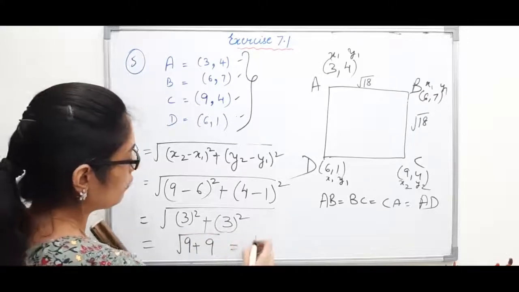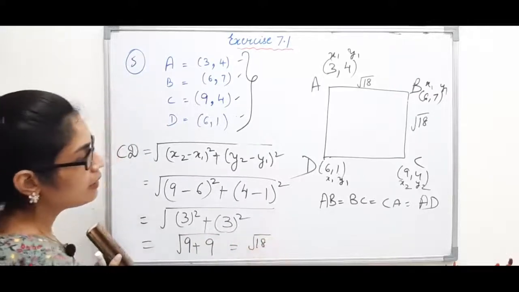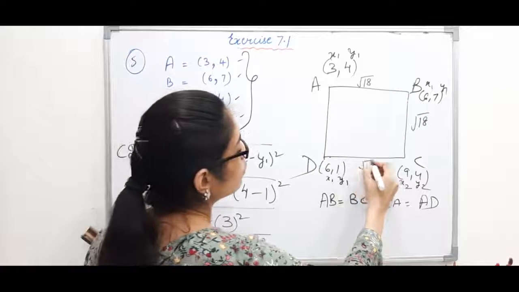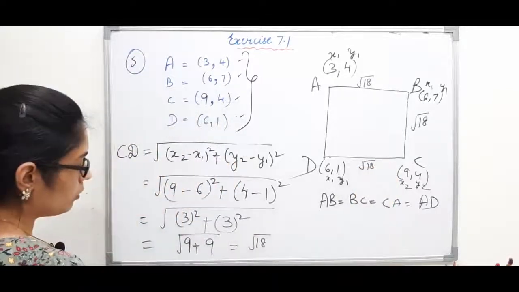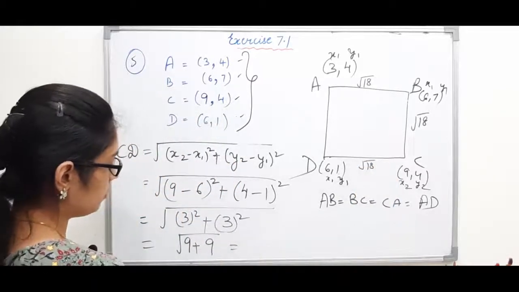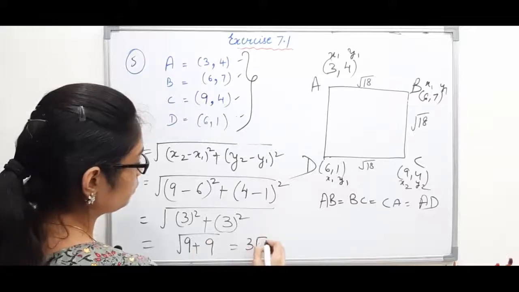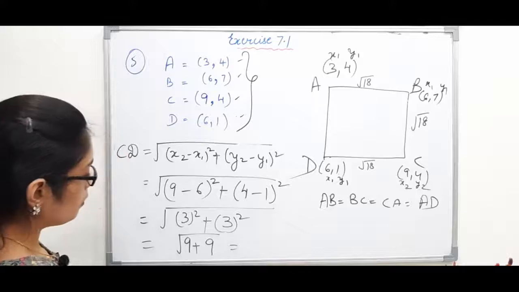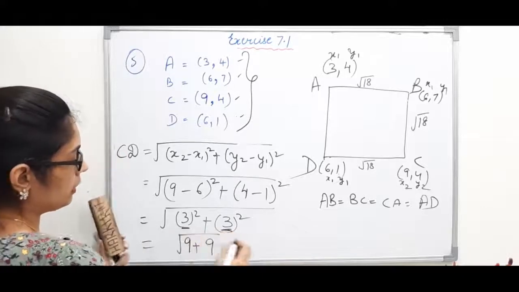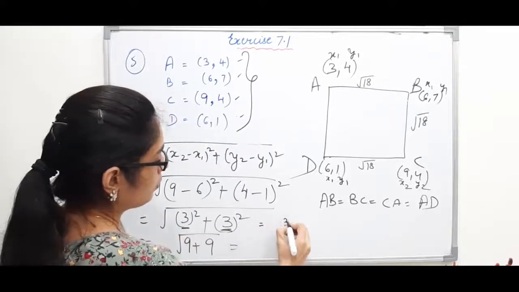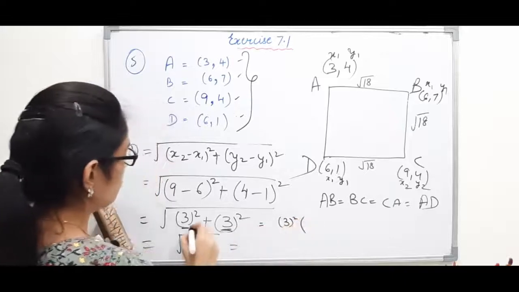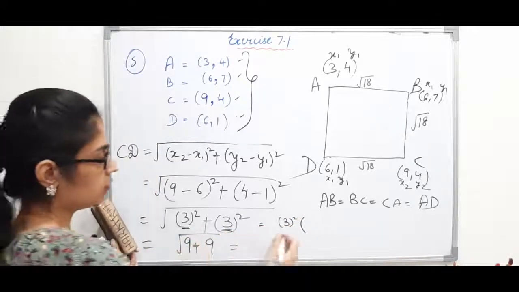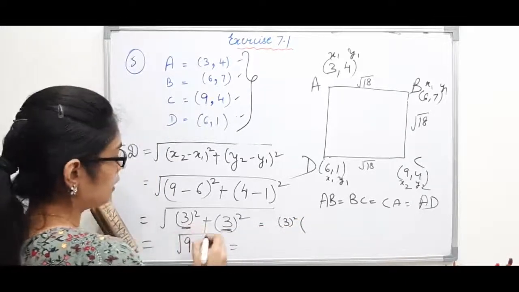So again we will get root 18, which means CD is also root 18, or you can also write it as 3 root 2. 18 and 3 root 2 are both the same, because if you take 3 common here, because both the terms have 3, I have taken 3 out.